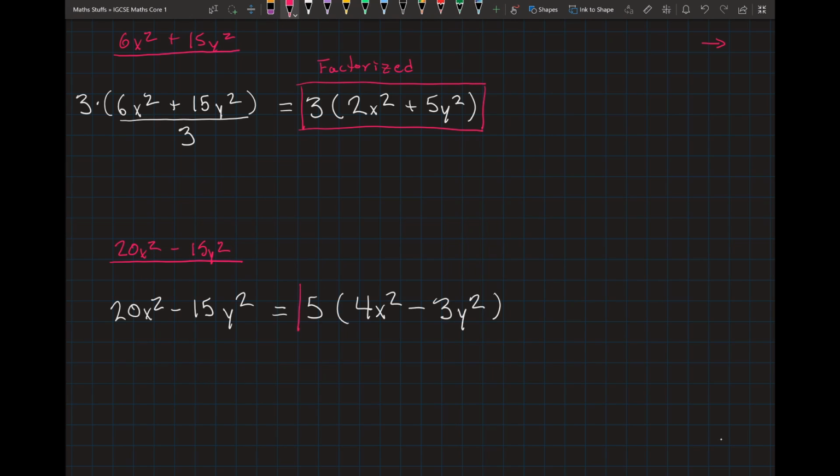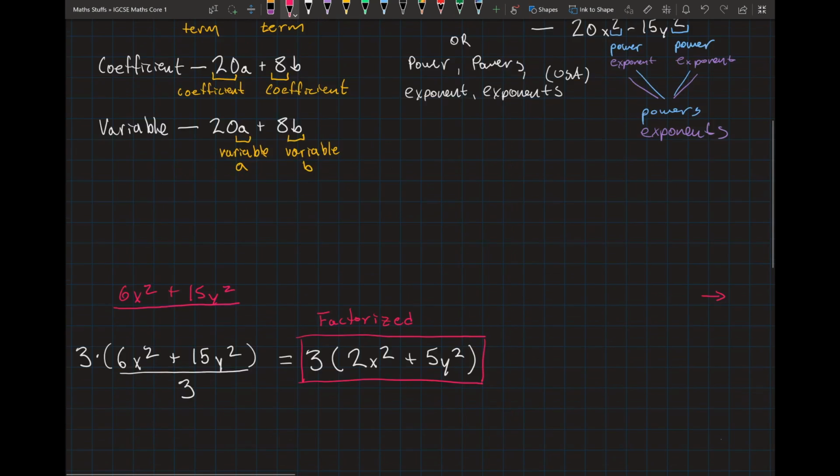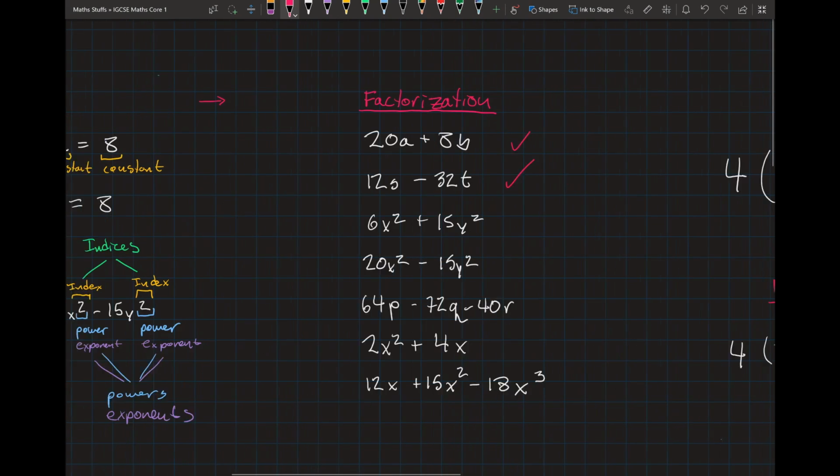So we are done with this one. This one has been factorized. Oh, that's not an E. Factorized. So now we have done 2 more.